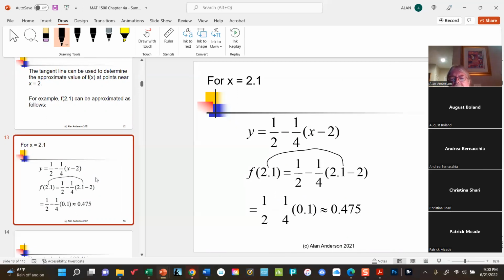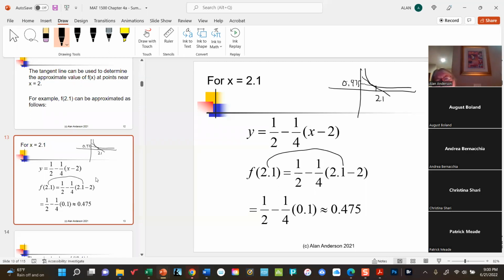And so that's going to give me approximately 0.475. So on that curve, when x is 2.1, the function should be approximately 0.475.